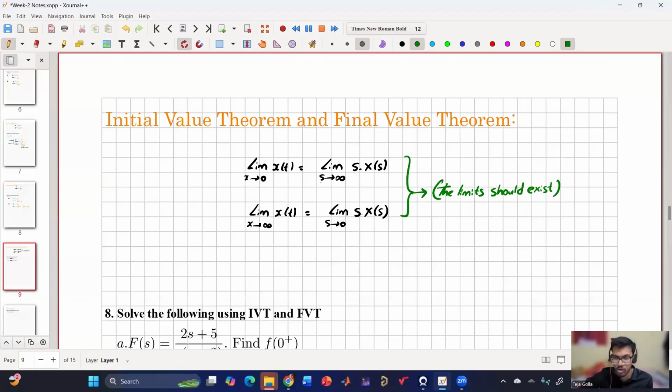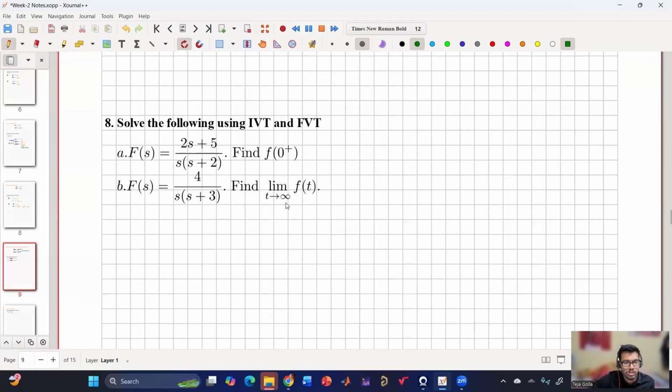So now let us quickly solve one problem on each of them. I have f of s, the Laplace transform, given. I am asking for limit t tending to 0 of f of t. If I solve problem A, I am asking for f of 0, which is limit s tending to infinity of s into f of s.